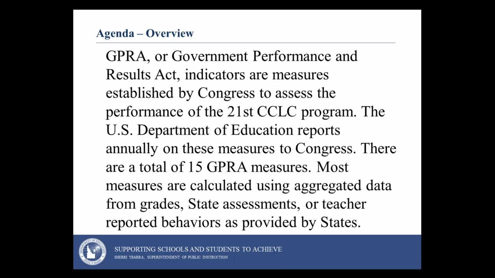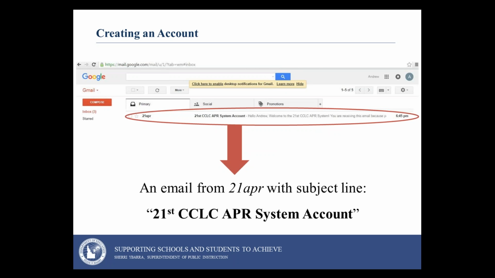So today we're going to look at creating your account. What happens is that the State Department of Education creates grantee users, so each program director has access to the system. They receive an automated email from 21APR with the subject line, 21st CCLC APR system account.